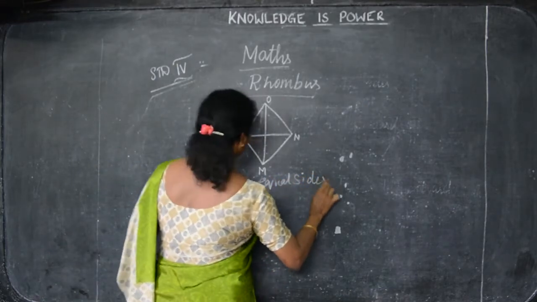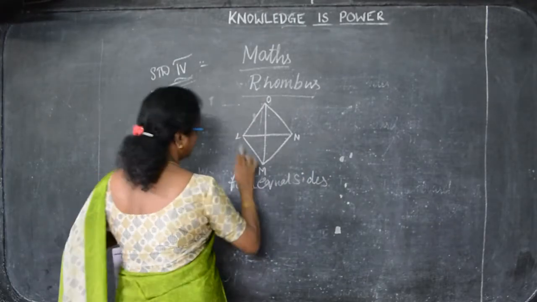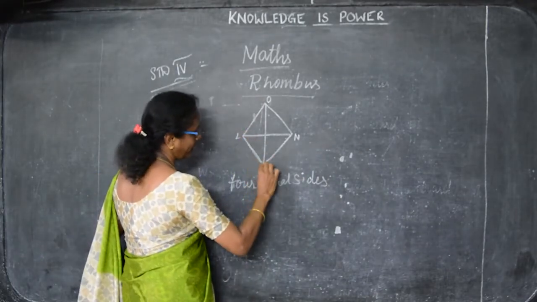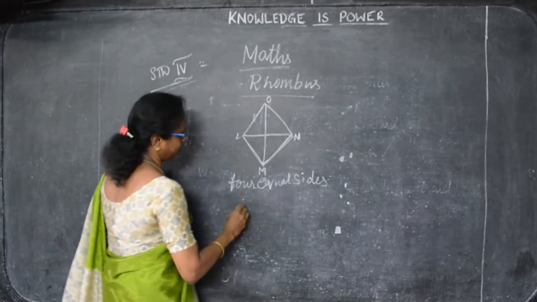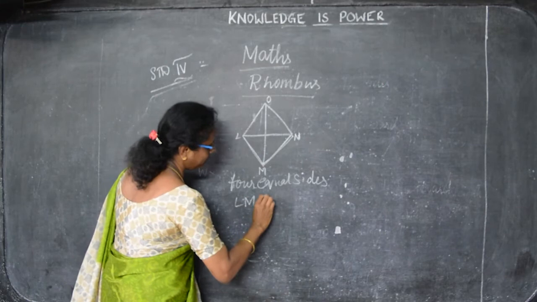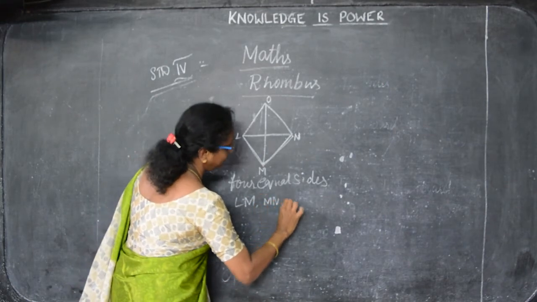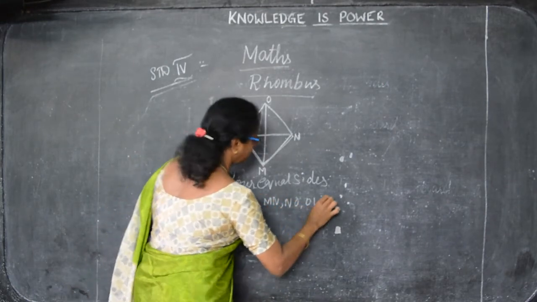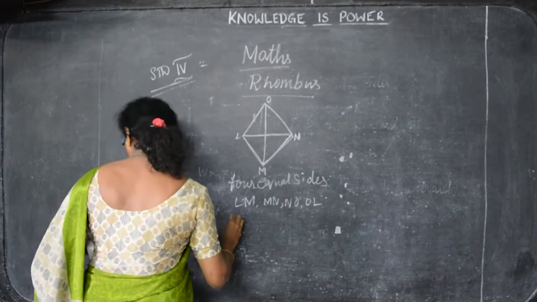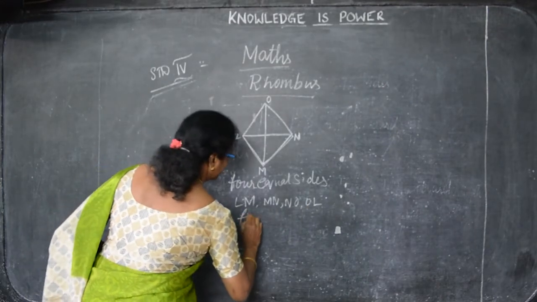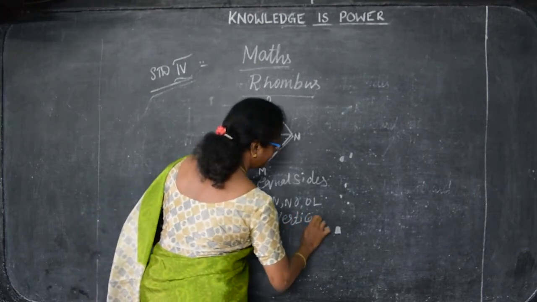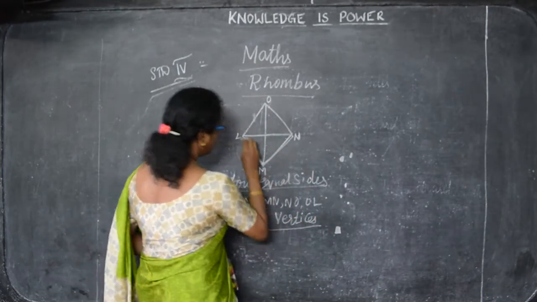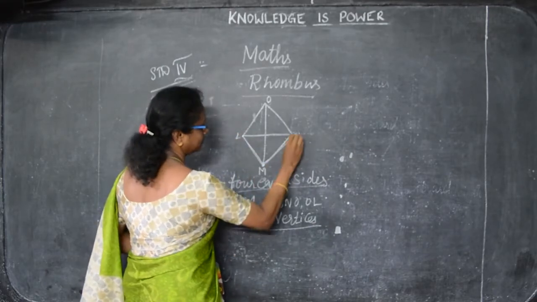A rhombus has four equal sides. What are the sides? L, M. Start from here. LM, MN, NO and OL. So you can write like this. LM, MN, NO and OL. And then four vertices. Four vertices means the four corners.